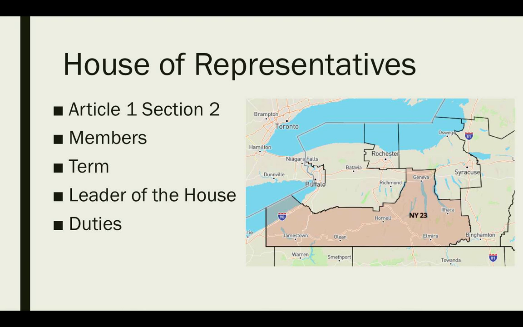And that number can change over time, and we'll talk about that in just a minute. But because there are more members, the House of Representatives is classified as closer to the people. So it is supposed to be a direct line of the people to the representatives in the House.